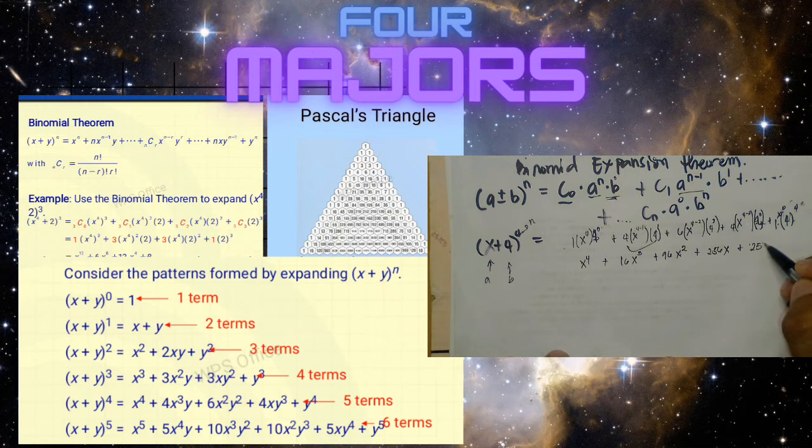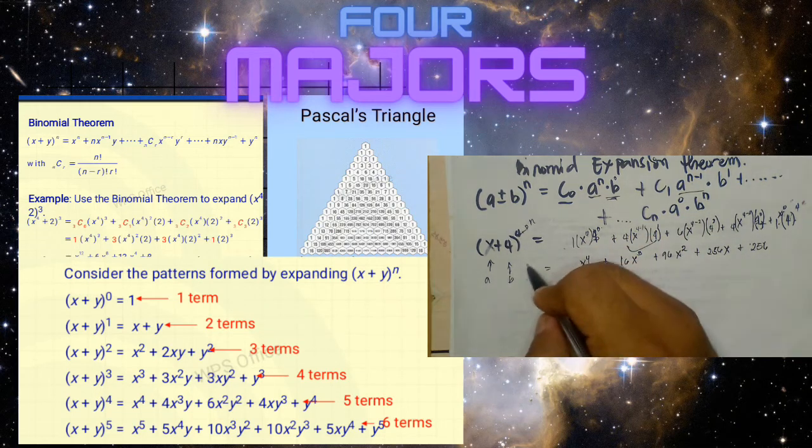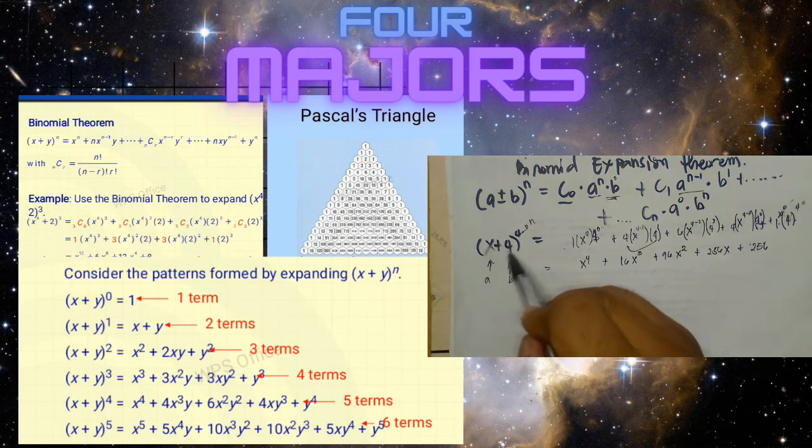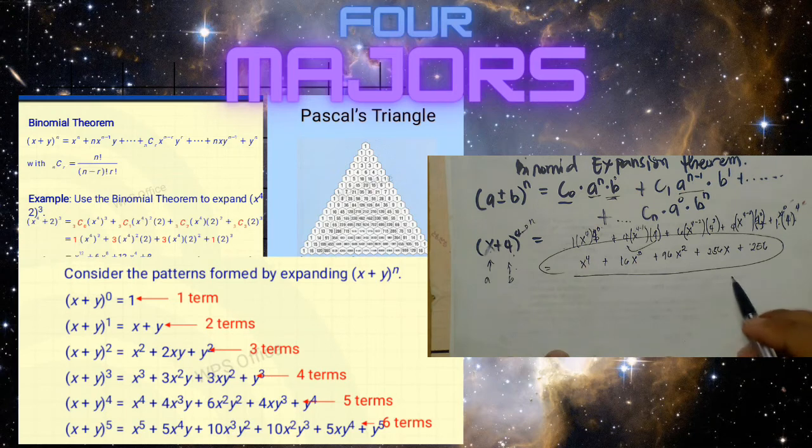Alright. So, using the binomial expansion theorem, we have found out that x plus 4 raised to the power of 4 is this. Actually, you can solve this using x plus 4 times x plus 4. So this is actually, according to the special products, x squared plus 8x plus 16.